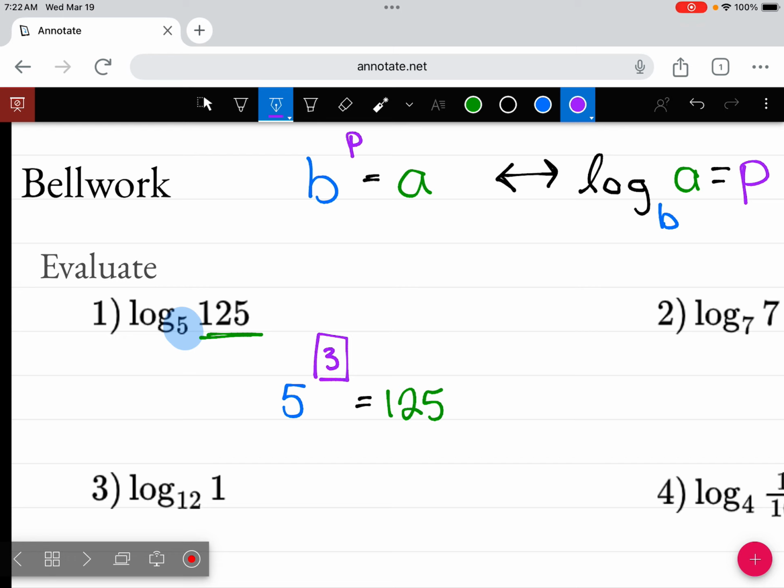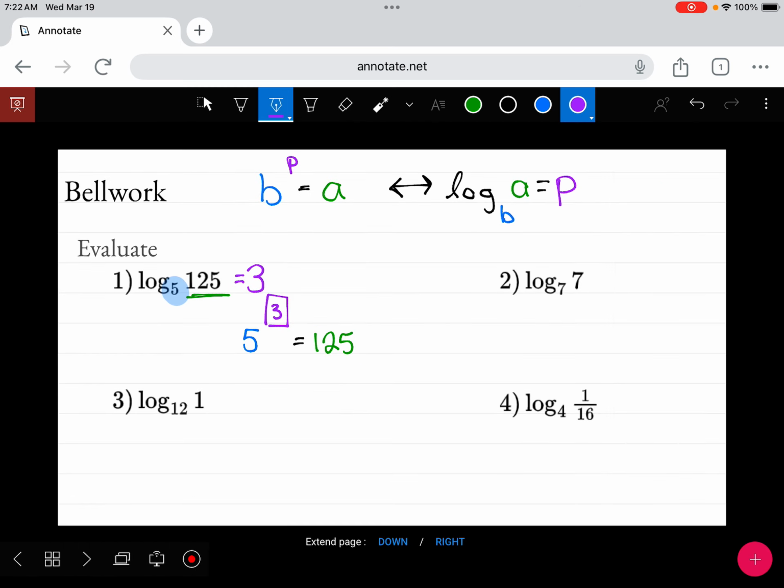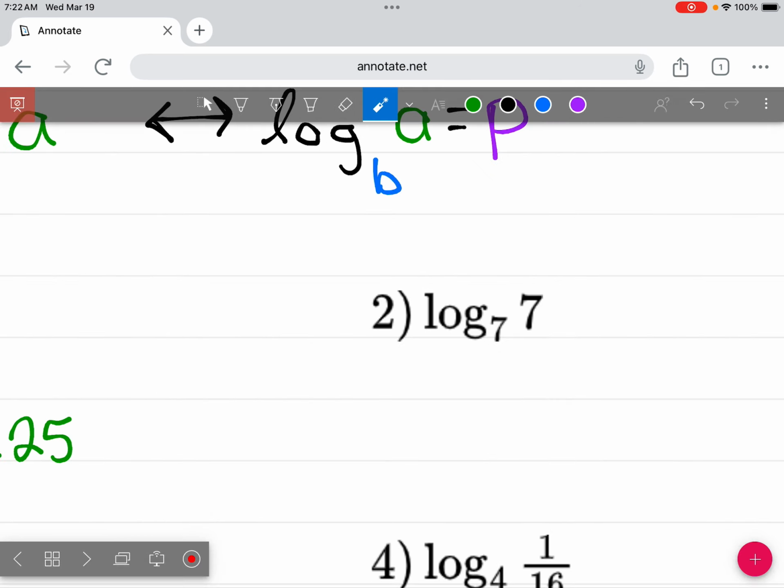So what that tells me is log base 5 of 125 equals 3. So it's a way of saying the base to what power equals this number. So for number 2, the base to what power equals our argument. So 7 to what power equals 7?